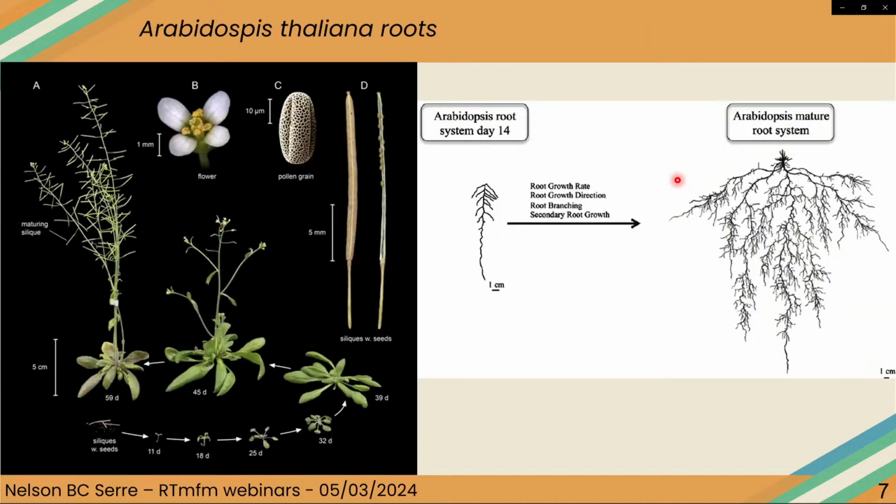But just for context, I'm a plant root biologist, and I work with a plant model called Arabidopsis thaliana, which gives plants at mature stage that are about 20 centimeters high. So it's quite a small plant.